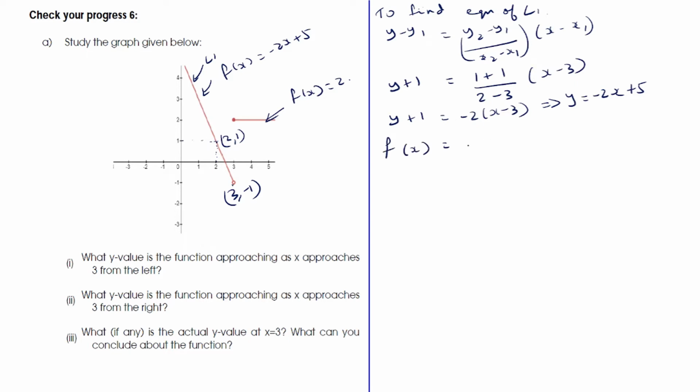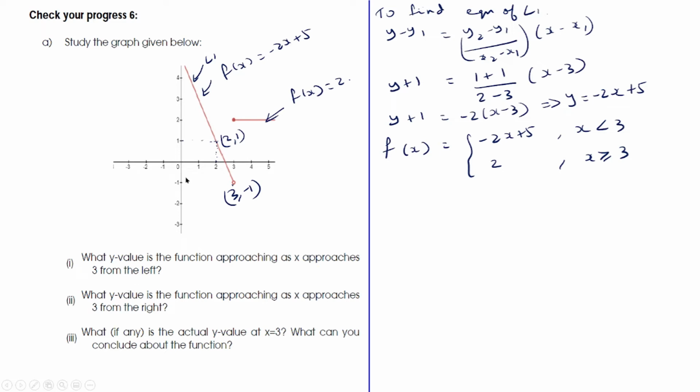F of x is equal to minus 2x plus 5 when x is less than 3, and it is equal to 2 for x greater than or equal to 3. Now we have the function in our hand. The first subdivision: what y value is the function approaching as x approaches 3 from left?